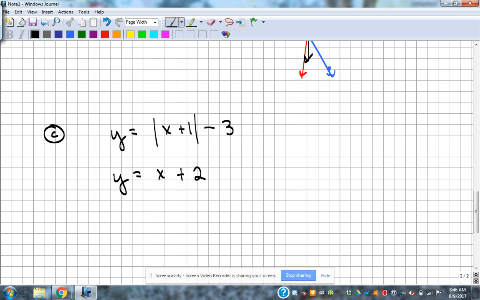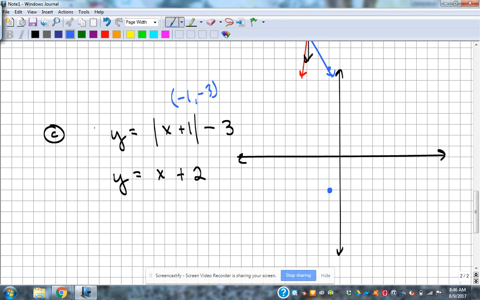Okay, so let's graph the absolute value graph, because we don't have to do anything to these to get them in slope-intercept form. That one is in slope-intercept form already, and then the absolute value graph's already set up for us. So on the absolute value graph, what's the vertex? -1, -3. So I'm going to plot -1, -3.